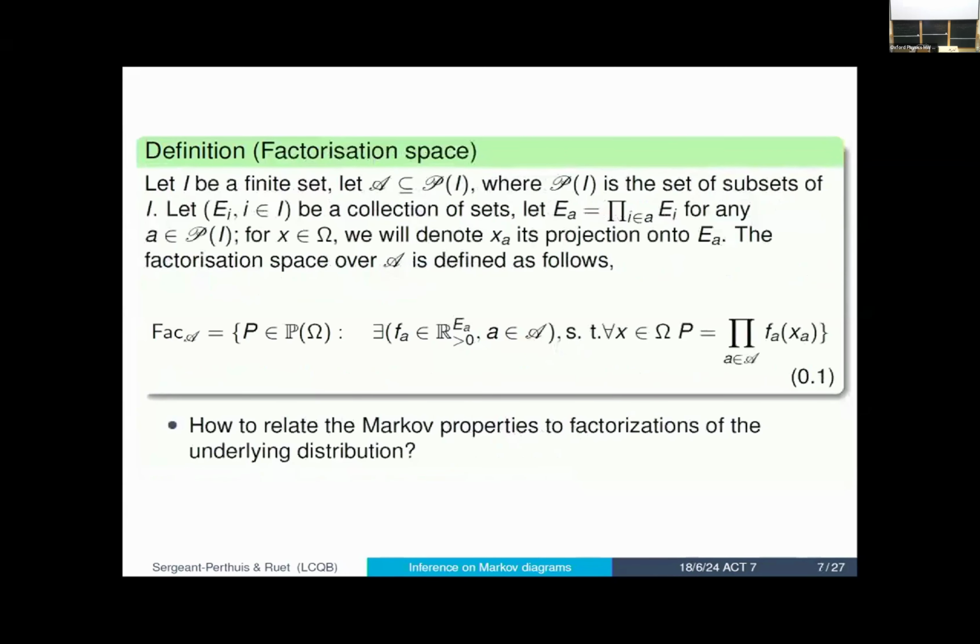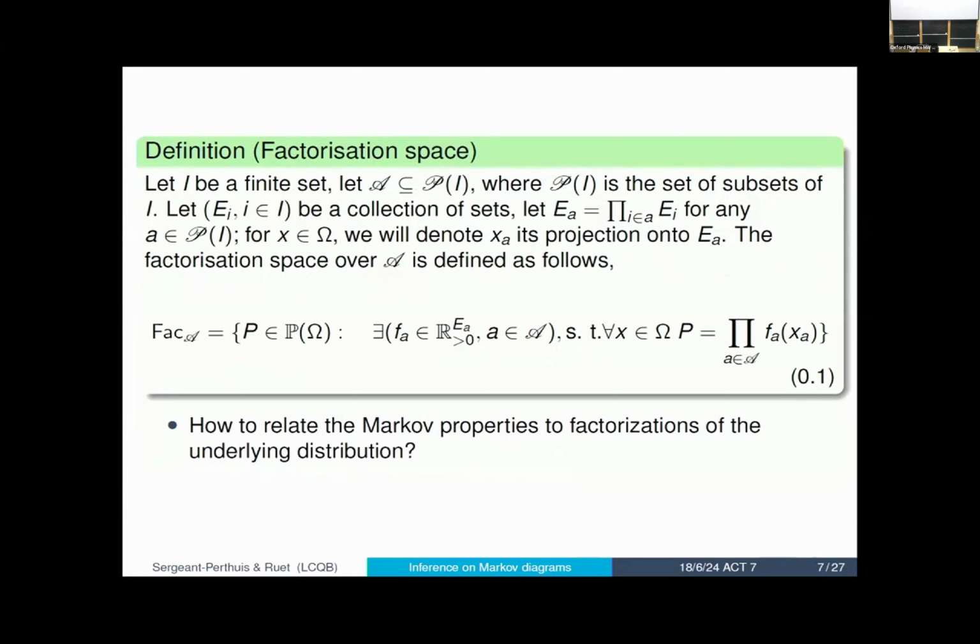So you read some conditions from the graph and it gives you a factorization of the probability distribution that you consider. Factorization is simply saying that you take P, you take a collection of sets, and these sets are collections of finite variables.